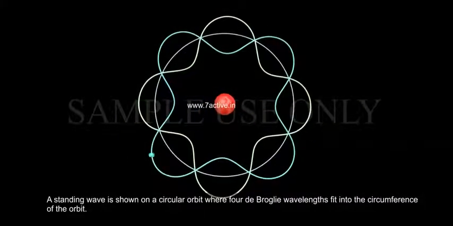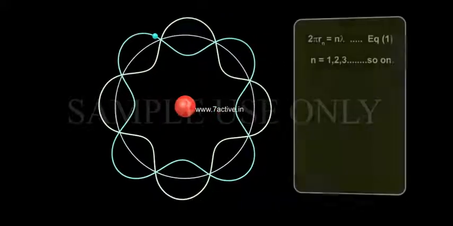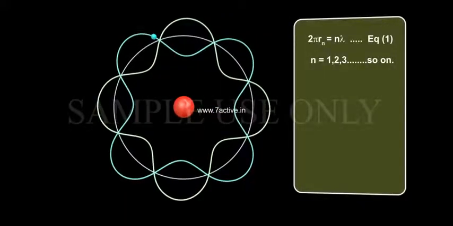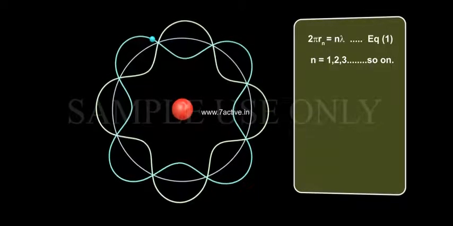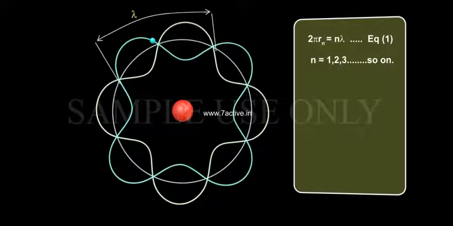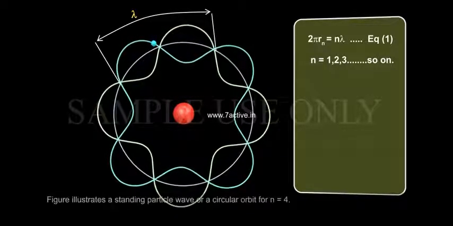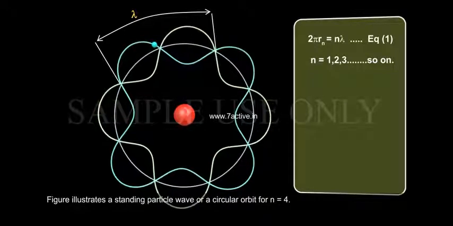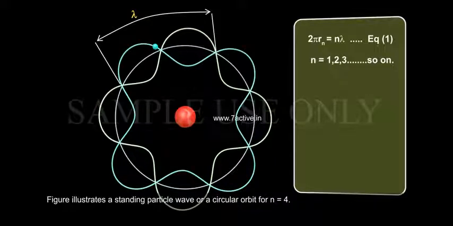A standing wave is shown on a circular orbit where 4 de Broglie wavelengths fit into the circumference of the orbit. 2 pi r_n equals n lambda, equation 1, where n equals 1, 2, 3, and so on. The figure illustrates a standing particle wave on a circular orbit for n equals 4.